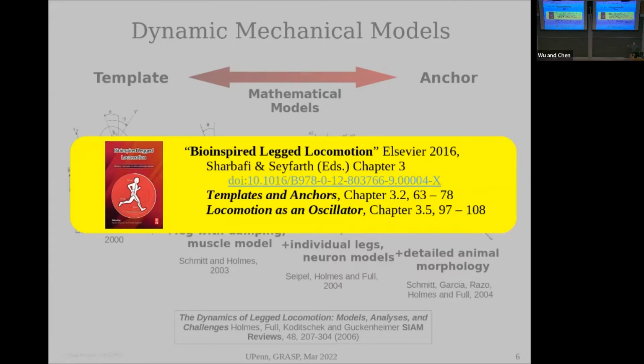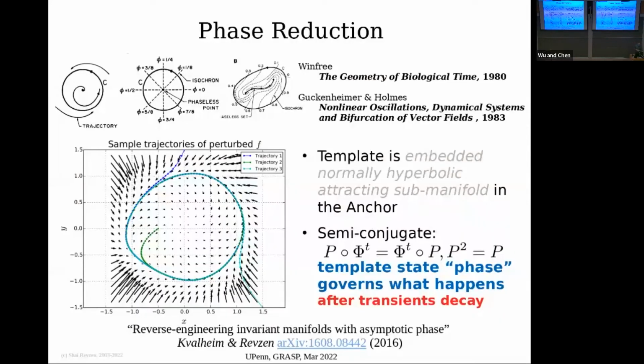So this is one of the big simplifying ideas in dynamical systems. And the idea is that, and I grayed out the technical stuff, I'm not even going to read it. The template is some subspace inside the anchor. But the dynamics on the template are semi-conjugate to the dynamics on the anchor. And what that implies in the end is that if you're converging onto the template, the dynamics on the template tell you what happens after transient decay.